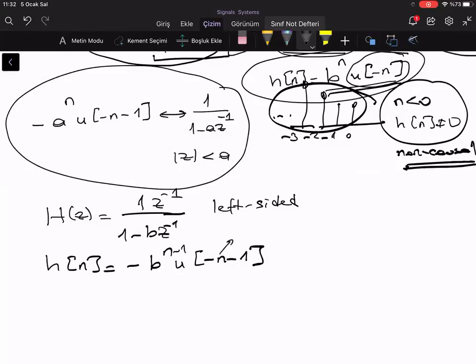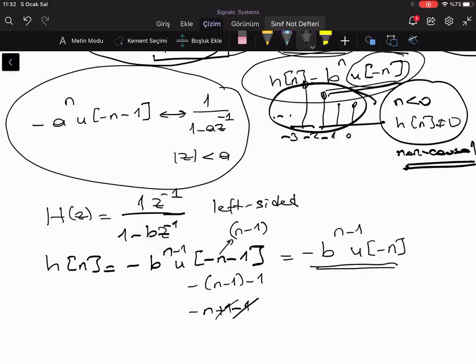Instead of n here, I will add n minus 1. So it will be minus n minus 1, minus 1. So it will be minus n plus 1, minus 1. Plus and minus will go away. And then I will have u minus n. Burası anlaşıldı mı arkadaşlar? What was Firdevs's question?